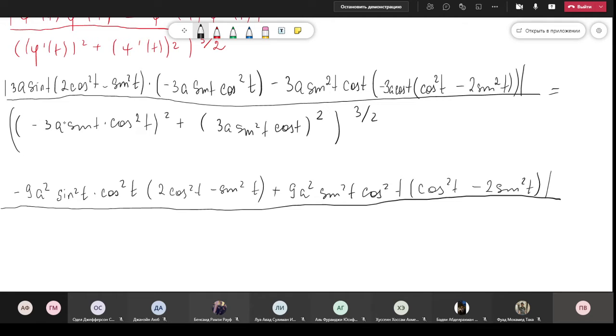here 3a squared is 9a squared, minus squared is plus. We have 9a squared sine squared, write down sine squared, cosine squared, and squared 2 times 2 is 4.